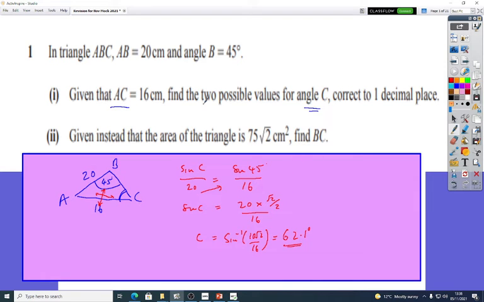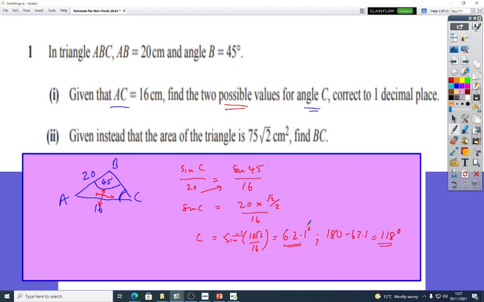Now it does say state two possible values. Because it's a sine function, you get the other one, which is going to be 180 take away 62.1. Subtract that from 180, and you end up with 117.8, which I'm going to call 118 degrees, rounded to three significant figures. So you've got two values.